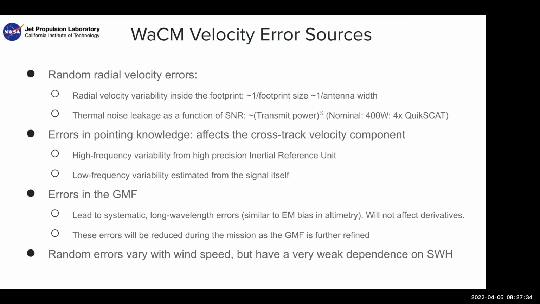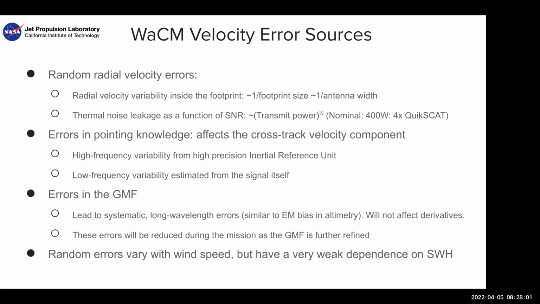Some of them are high frequency, which we can measure with an inertial reference unit, and some of them we need to estimate from the signal itself. And finally, we have errors due to the geophysical model function not being quite right. This is similar to the EM bias in altimetry, introducing errors at long wavelengths, which are the scales of the variability of the winds.